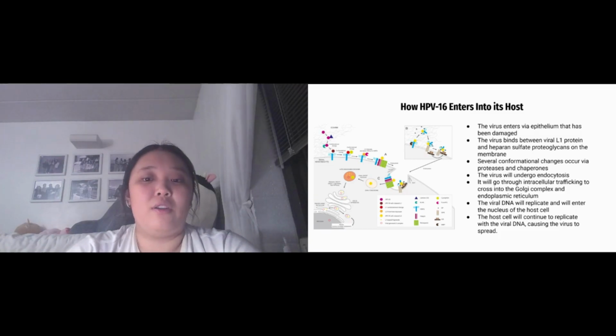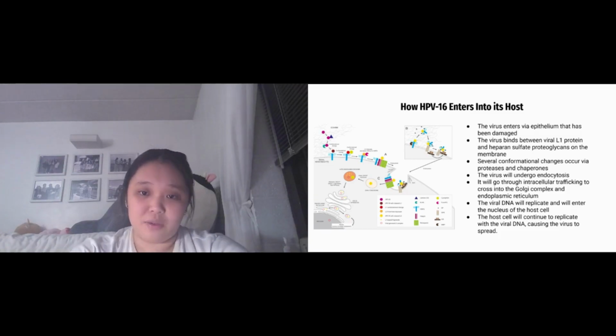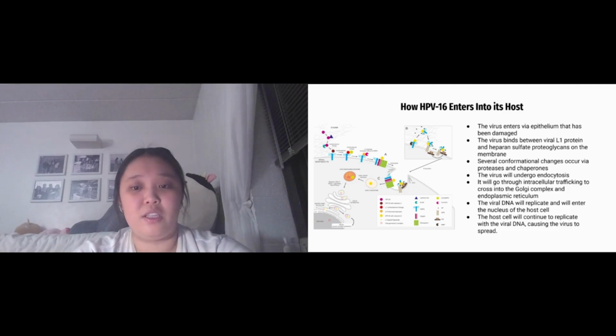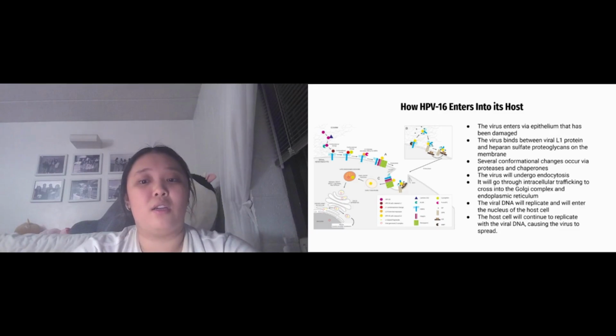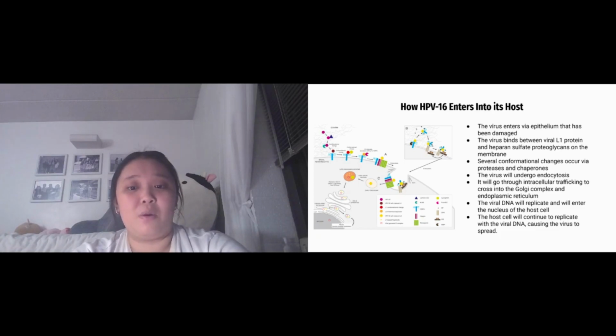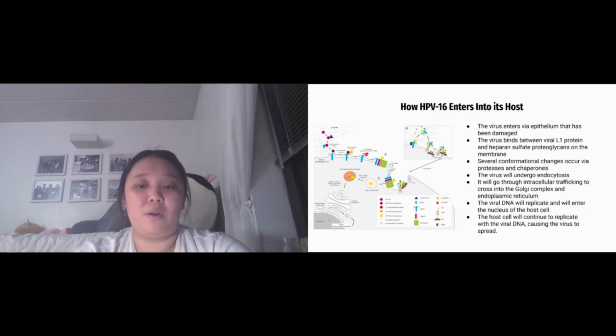The virus will then undergo endocytosis and will continue with intracellular trafficking, so it can cross the Golgi complex and the endoplasmic reticulum. Once it gets past there, it will be able to enter the nucleus and replicate itself. The host cell is now infected with the virus's DNA and will cause the virus to continue spreading.